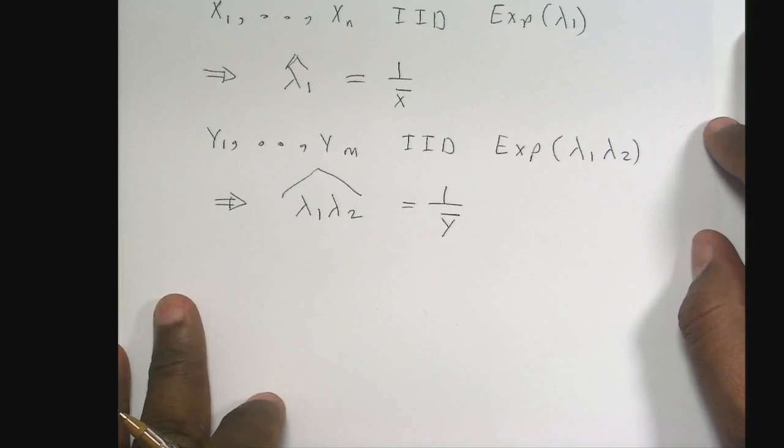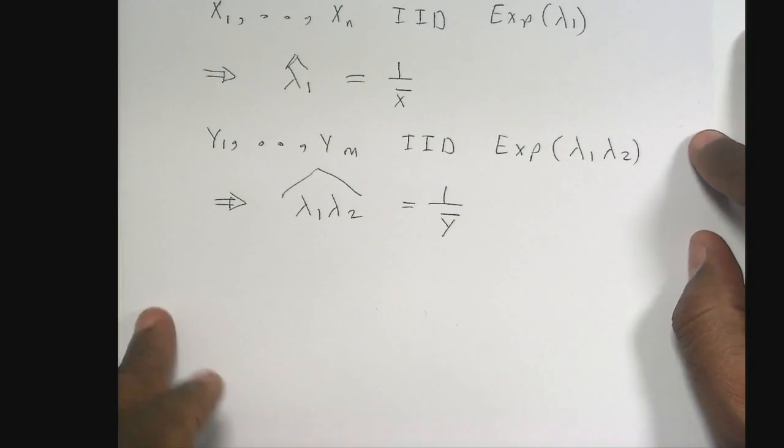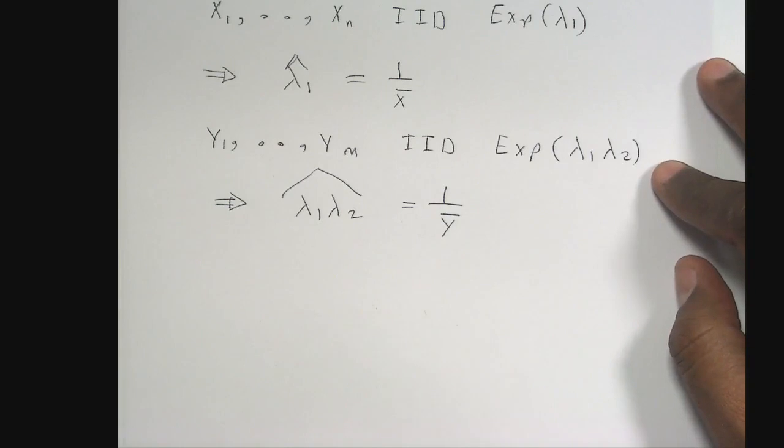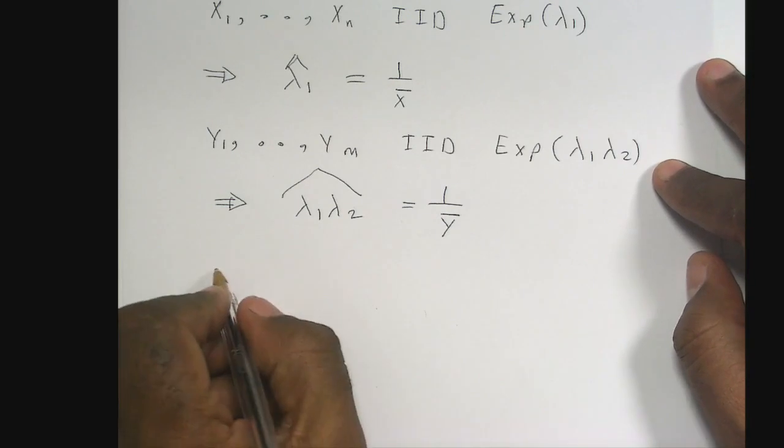Do you guys follow this? This is one of the examples I did when I started talking about MLEs. You should look back in the lecture notes, you will see that the MLE for the lambda parameter is 1 divided by the sample mean.